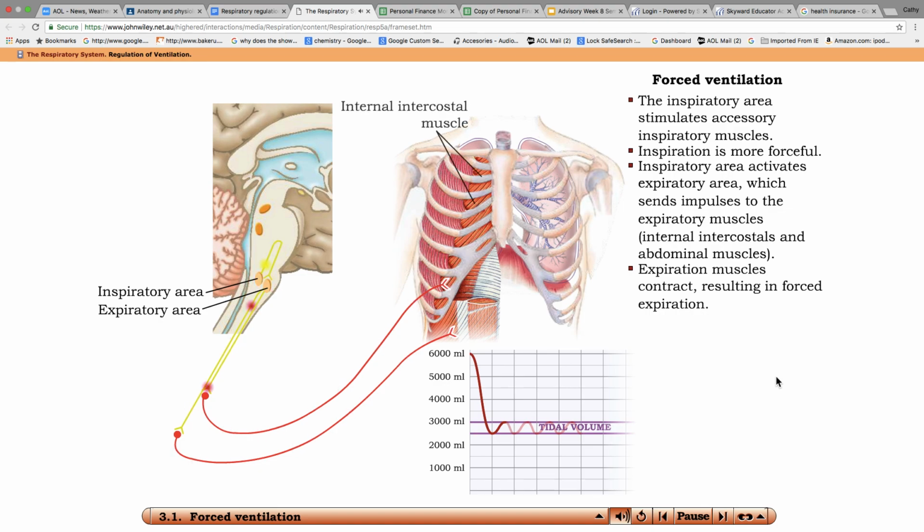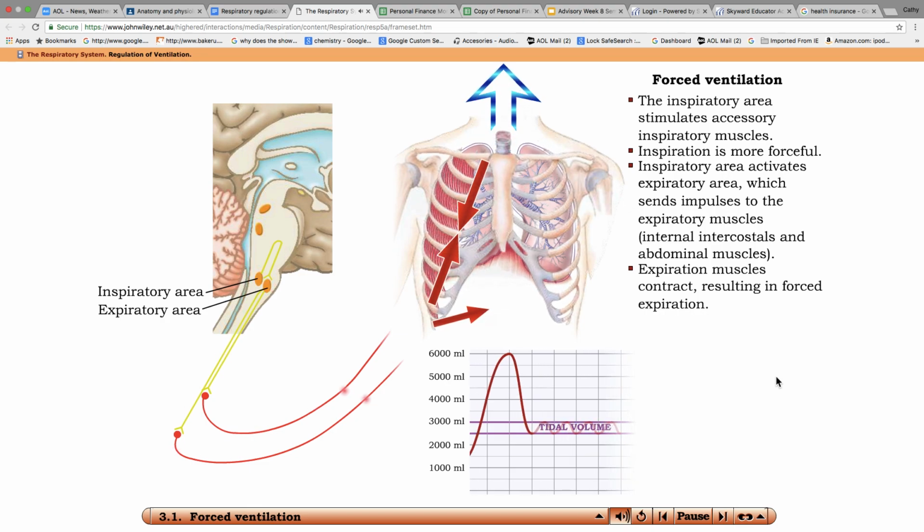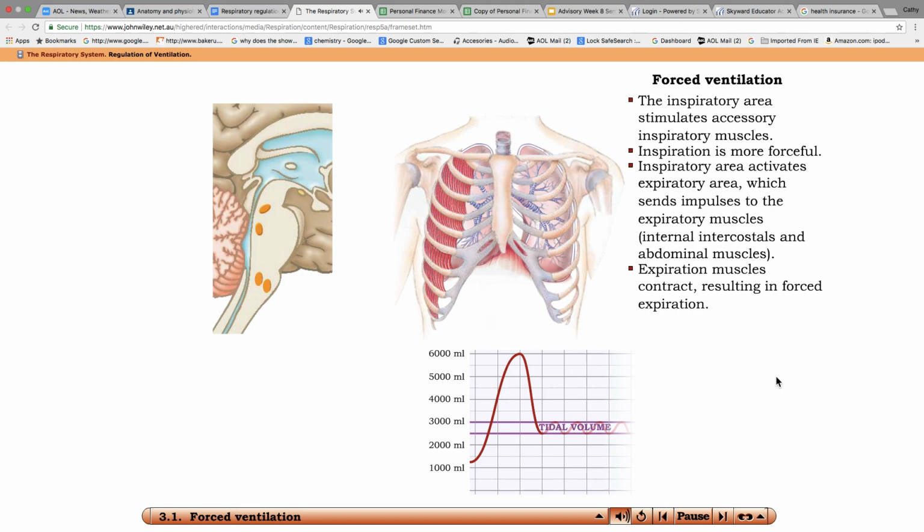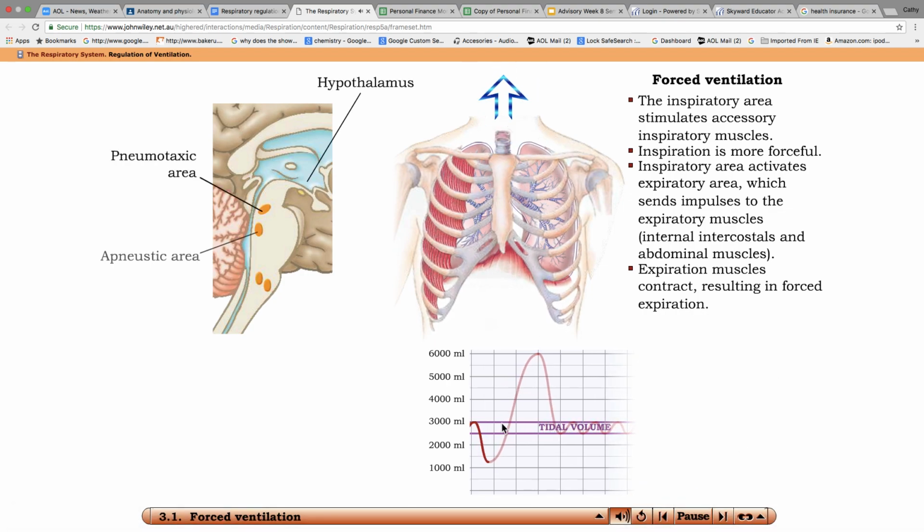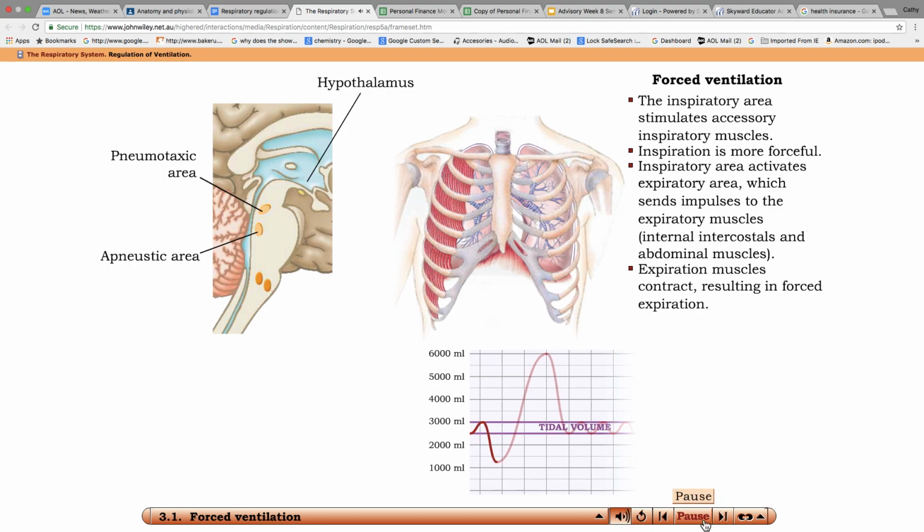When you're exhaling, you start using your abdominal muscles to force it down. So during forced respiration, signals are sent from both your inspiratory area and your expiratory area, because I need forced ventilation but also forced exhalation. That gets us way above tidal volume, and it also gets us to exhale more than we normally would.